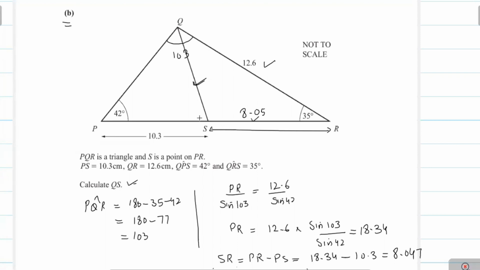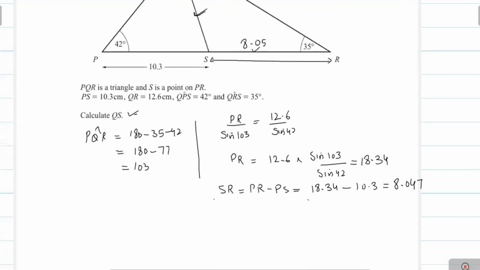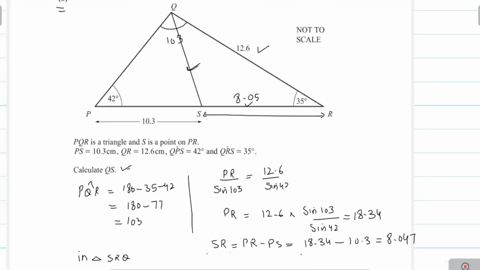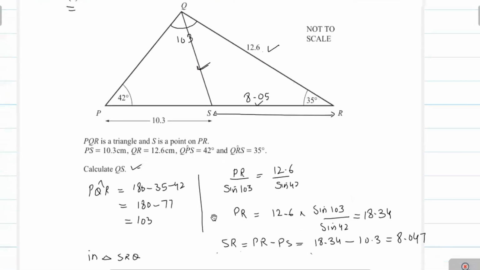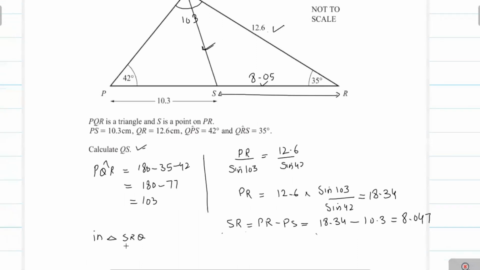We can calculate this length SQ by using triangle SRQ. In the triangle SRQ, here are two sides and one angle between them is given. The opposite side of this triangle we can find. Therefore, by using the cosine rule, we can find SQ length.